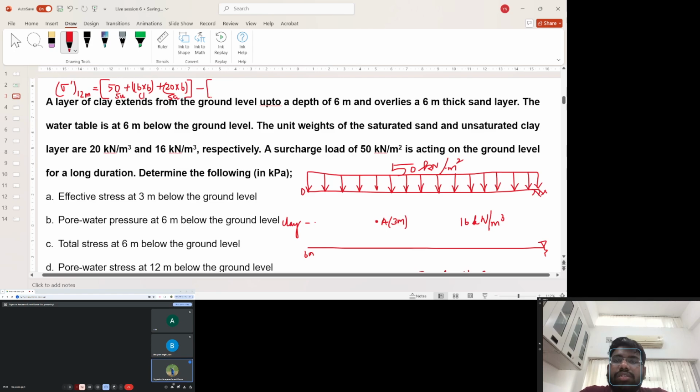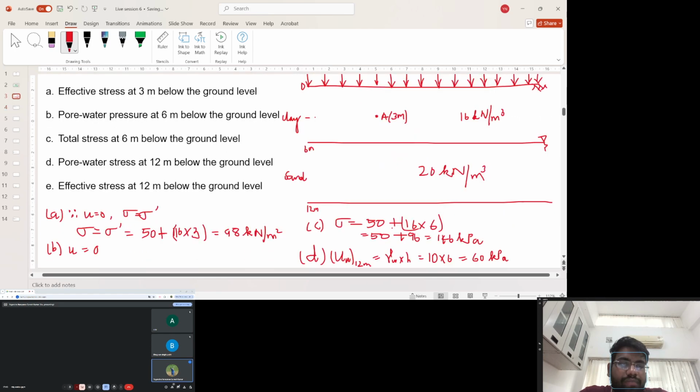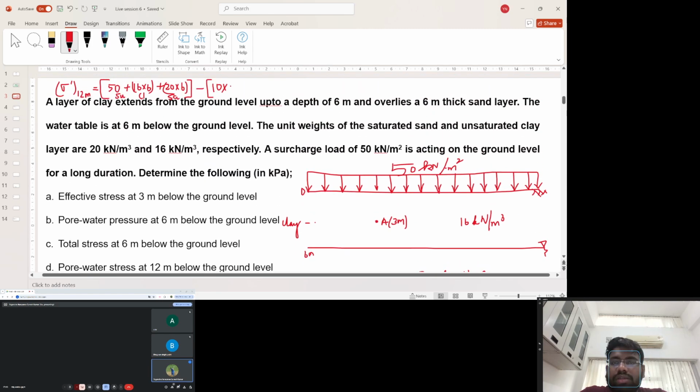Minus pore pressure, which is gamma w, 10, into 6, which is 60. So how much are we getting? 96, 146.